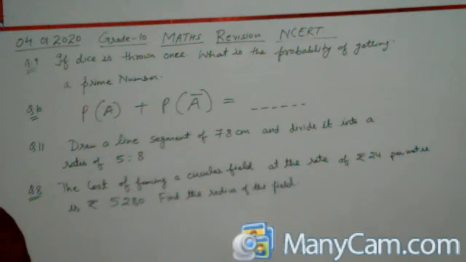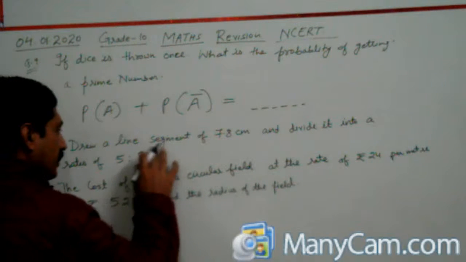Divide it in the ratio 5:8 and measure the two parts. It is construction 1.